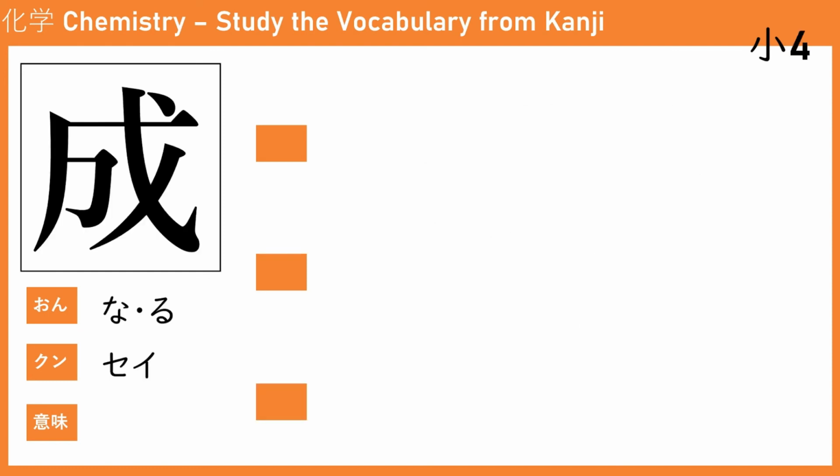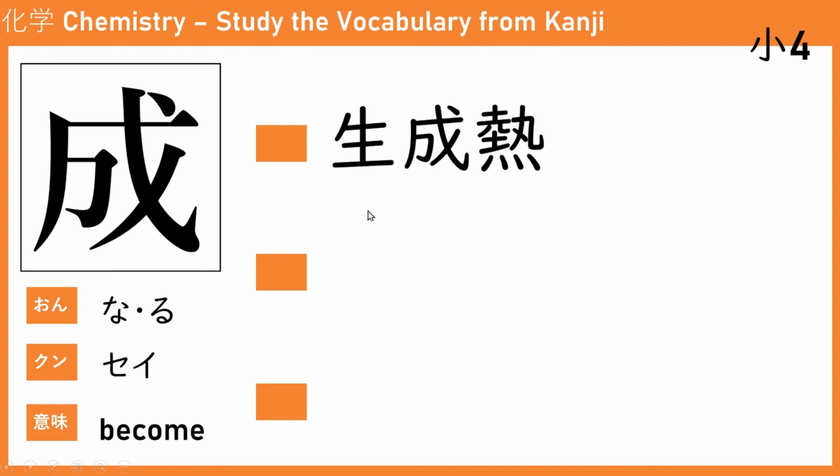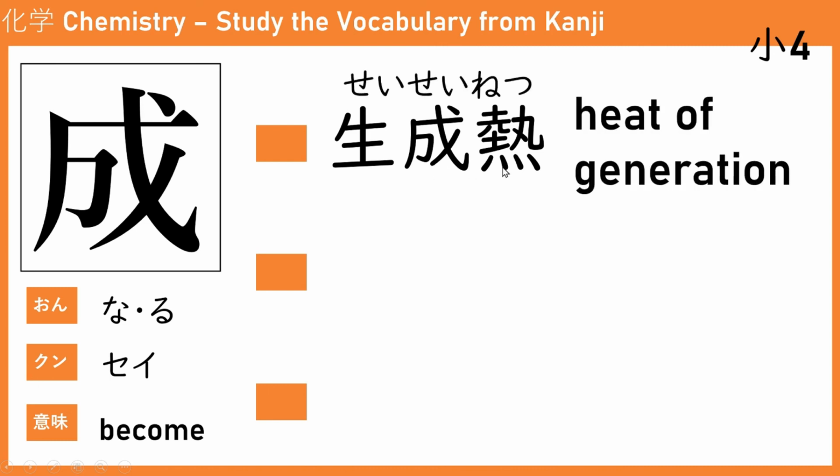The next kanji is sei, or naru, and it means to become something. We have the first one as in the previous slide, seisei netsu, the heat of generation.